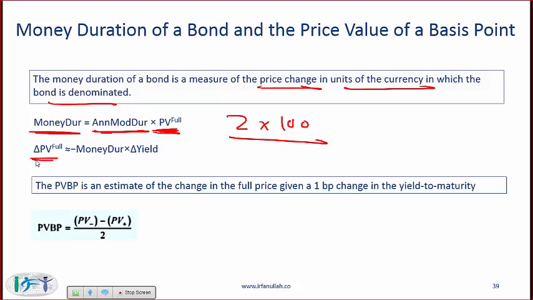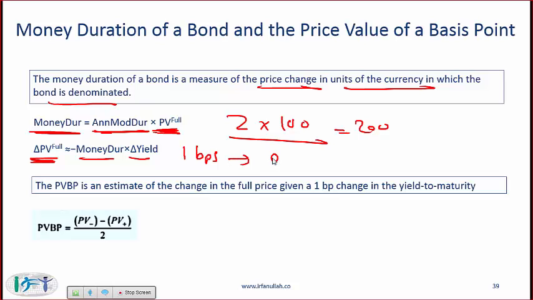And then the change in the full price of the bond is minus money duration times change in yield. So if the yield changes by 1 basis point and your money duration is 200, then what is the change in price of the bond?